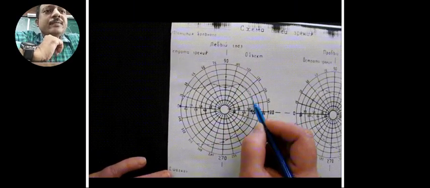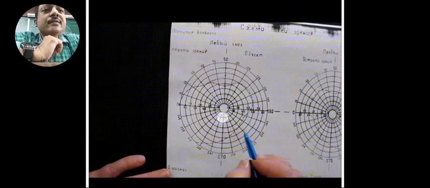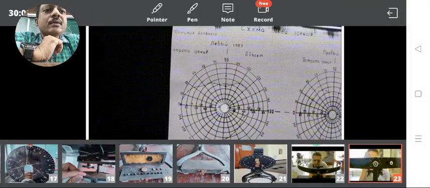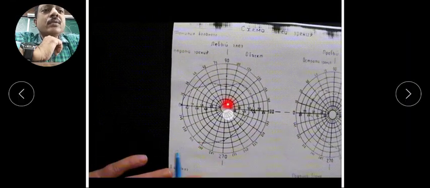Now, this is the perimetric chart. This is the central fixation point, and you have to take readings.